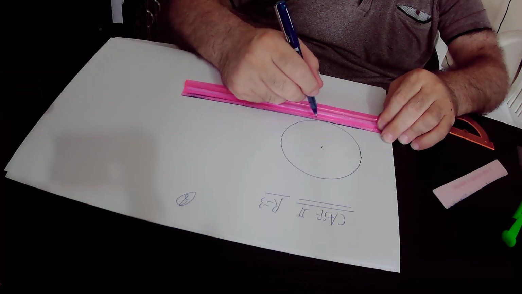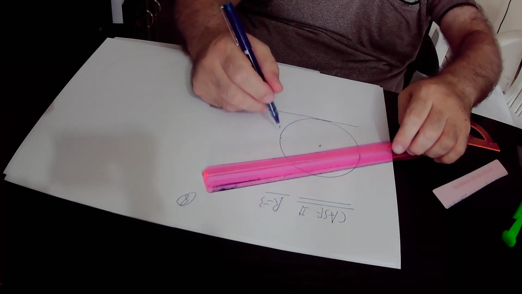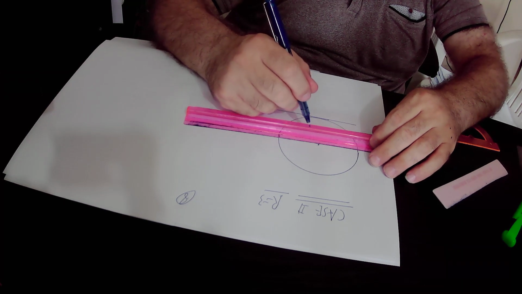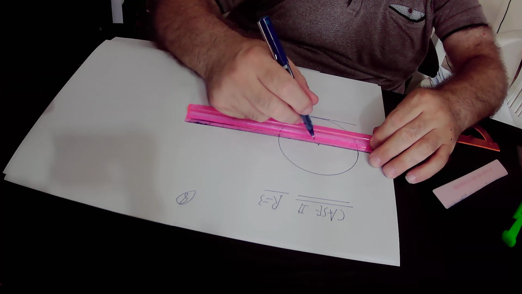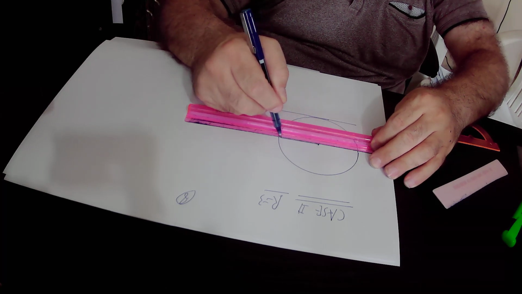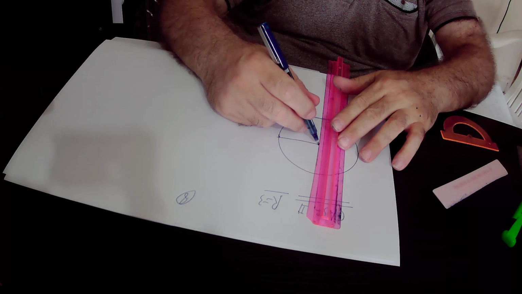We also know that the side length of the square is equal to 3 units. So here the radius will be the same as the height of the square, they are both equal to 3 units.